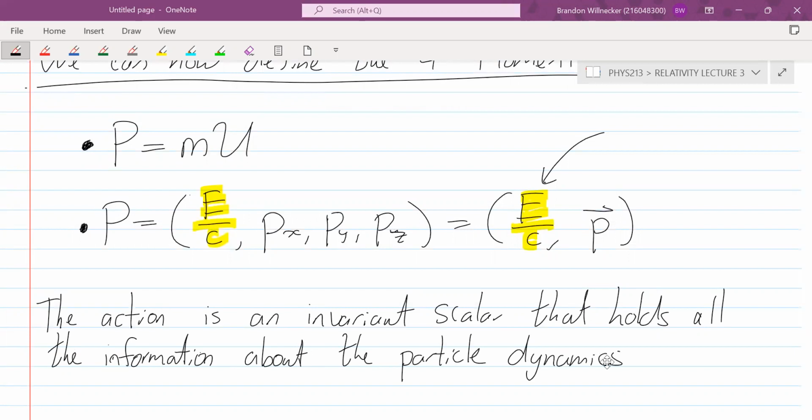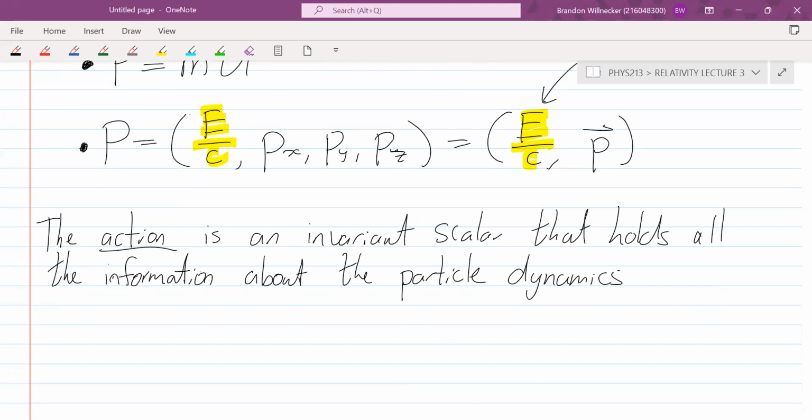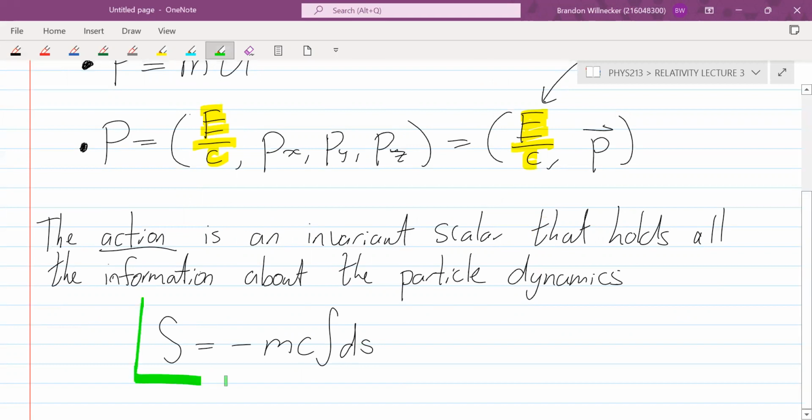You'll learn more about the action later, but it's just a way of containing all the particle dynamics information in one scalar. The way that we define the action for a massive particle in special relativity is given by capital S for the action is minus m times c, the integral of our space-time interval ds. This is just the definition of the action.